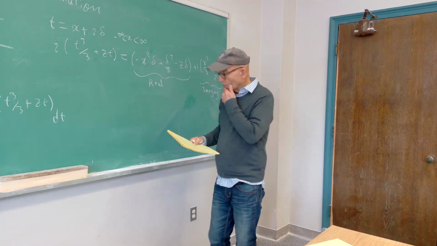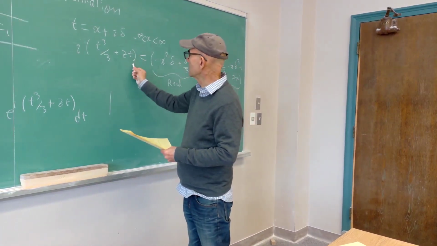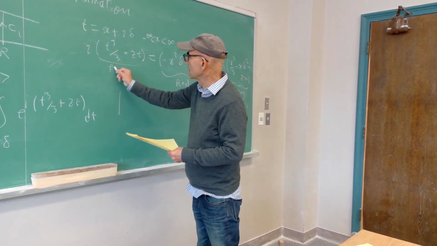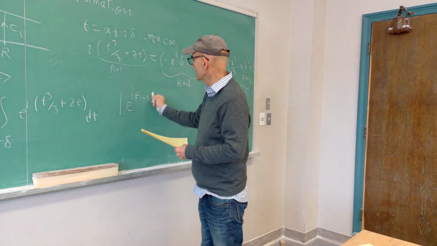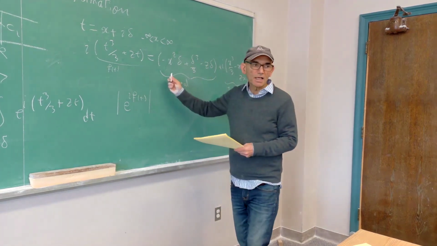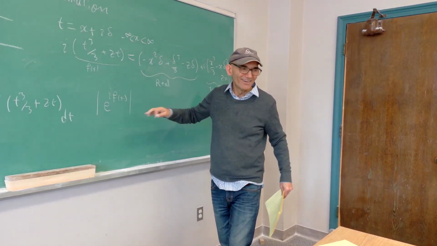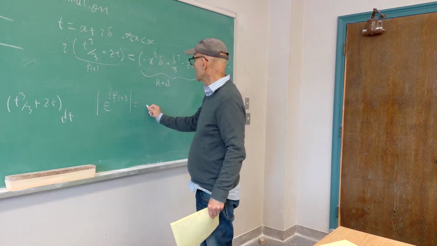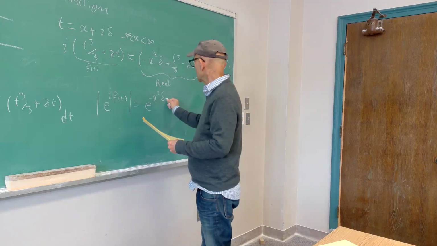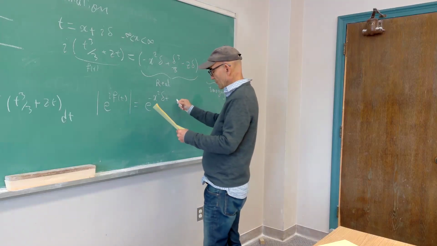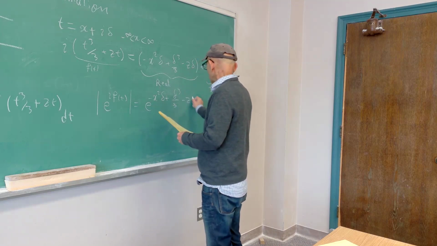The point is that if I call this f of t, the absolute value of e to the I f of t is essentially a Gaussian function with rapid decay at infinity. So this is equal to the exponential of negative x squared delta plus delta cubed over 3 minus z delta.